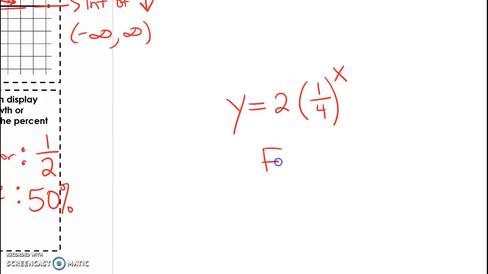The factor would be 1/4. The rate would be, don't turn the factor into a percent. It's how far away from 1 is the factor. 3/4, and 3/4 as a percentage is, so the rate of decrease is 75%.